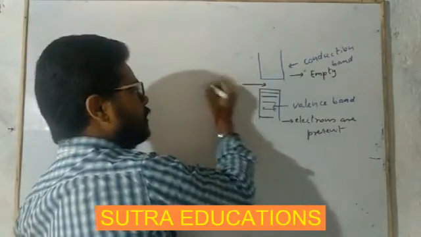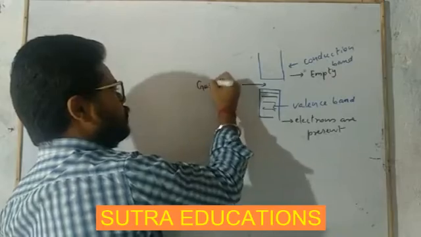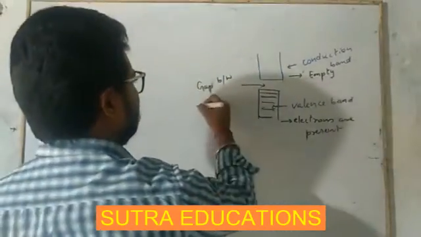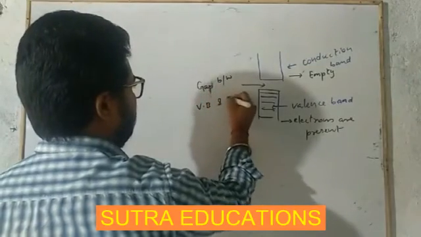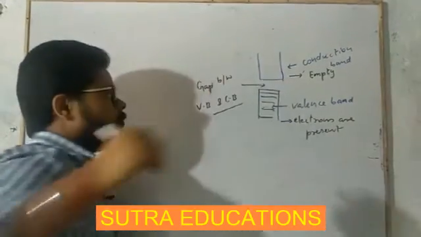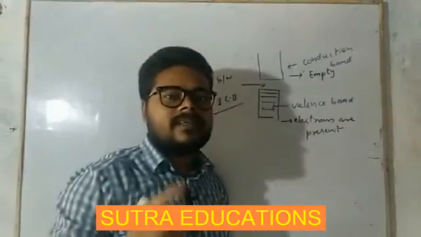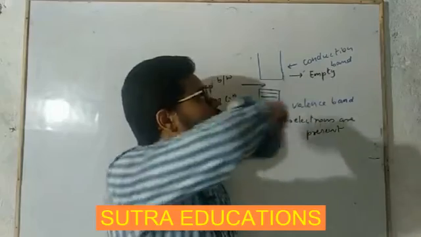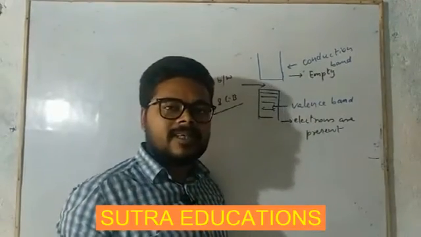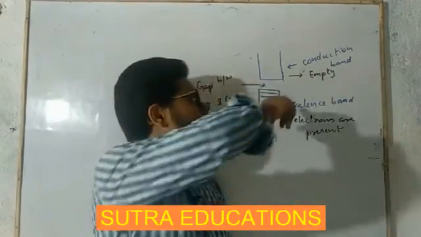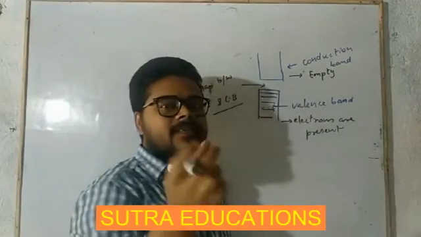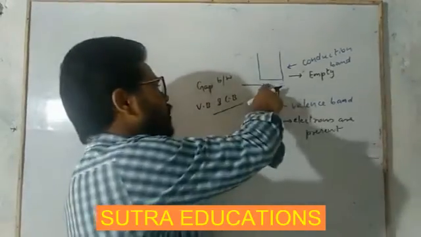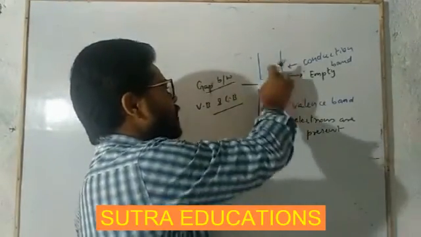So the valence band is where electrons are present, the conduction band is empty, and these two bands are separated by a distance, a gap, between the valence band and the conduction band.